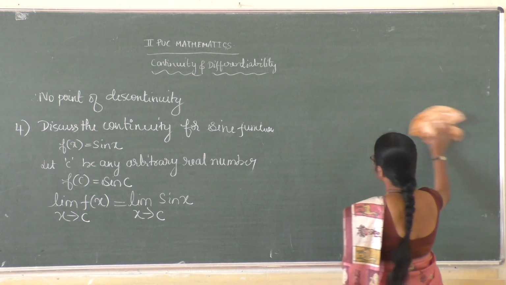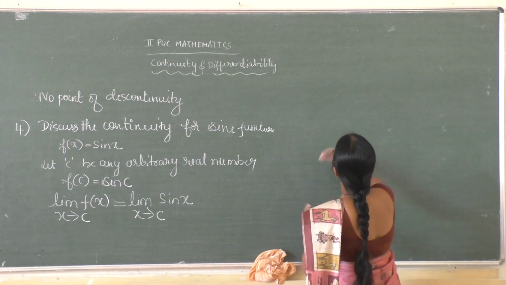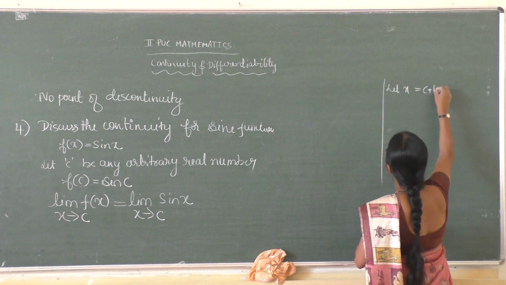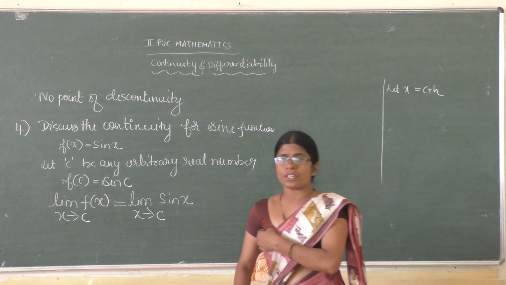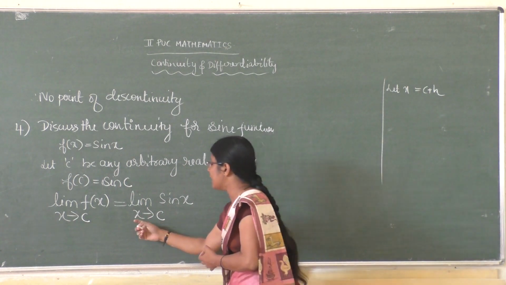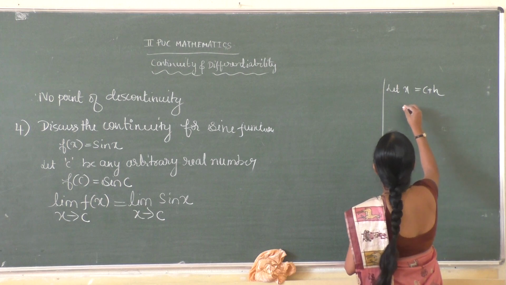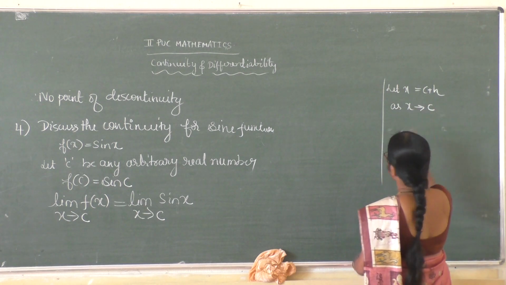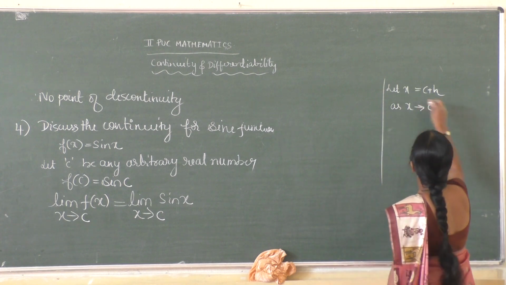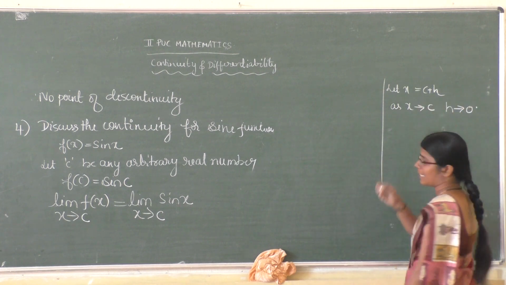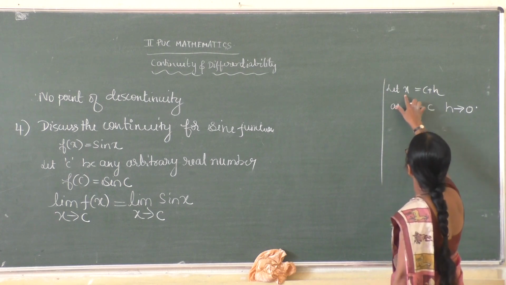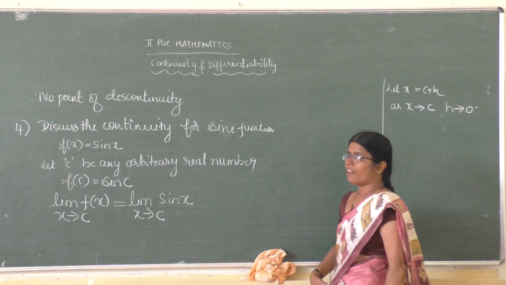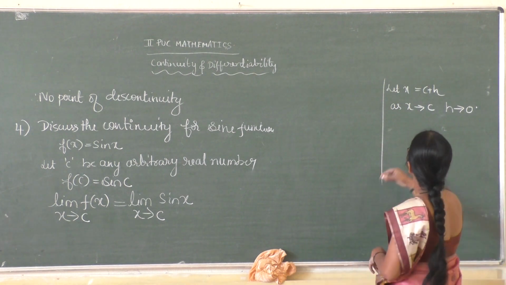For that we let x equal to c plus h. When we give the substitution, as x tends to c, h approaches 0, because x minus c equals 0. Therefore, h tends to 0.